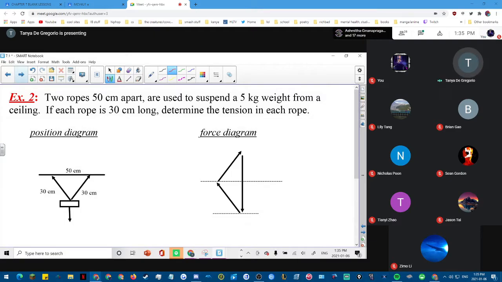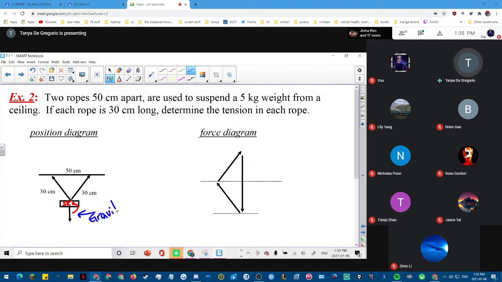So let's start by labeling. I know that my weight is 5 kilograms. What is this down force here, guys? Gravity, yeah, good.